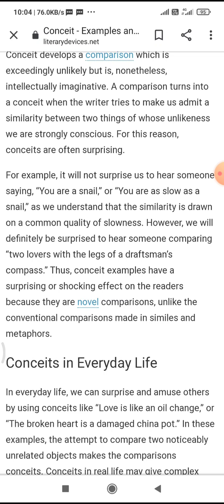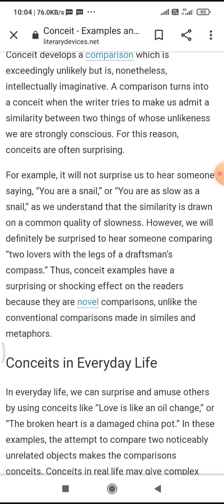A comparison turns into a conceit when the writer tries to make us believe in a similarity between two things of whose unlikeness we are strongly conscious.